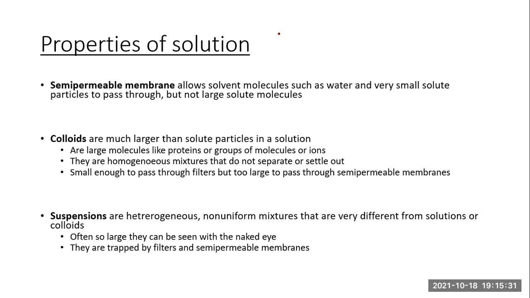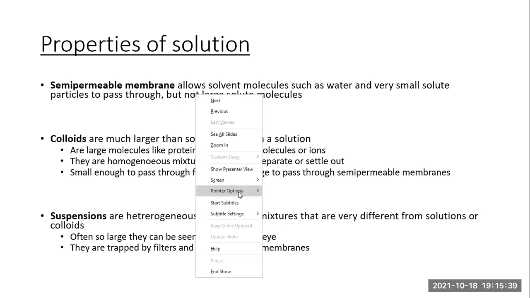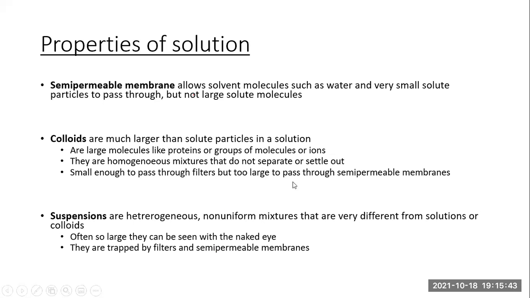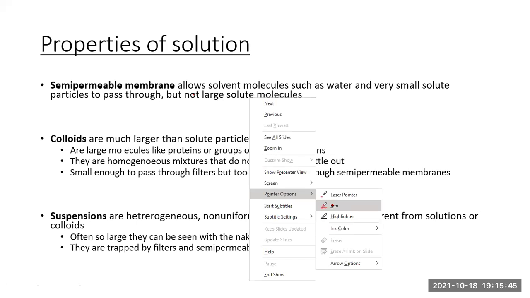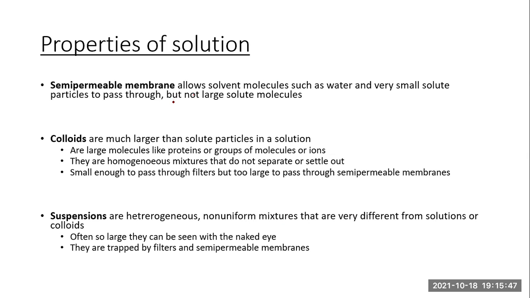We've talked about concentrations of solutions and how to do dilutions involving solutions. So, some properties of solutions, for example: we do have something that's referred to as a semipermeable membrane, and that allows solvent molecules such as water and small particles to pass through, and other things are excluded.